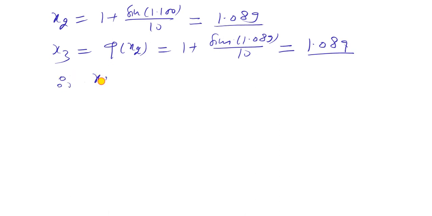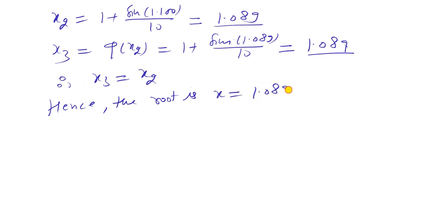So therefore the third approximation is equal to the second approximation, hence the desired root is x equals 1.089. So this is the procedure to compute the root of the given equation with the help of the iteration method or successive approximation method. So thank you very much.